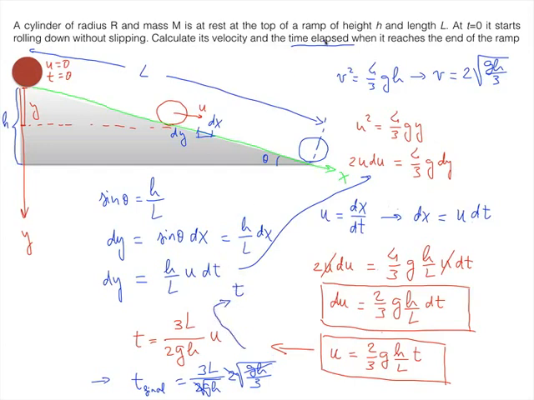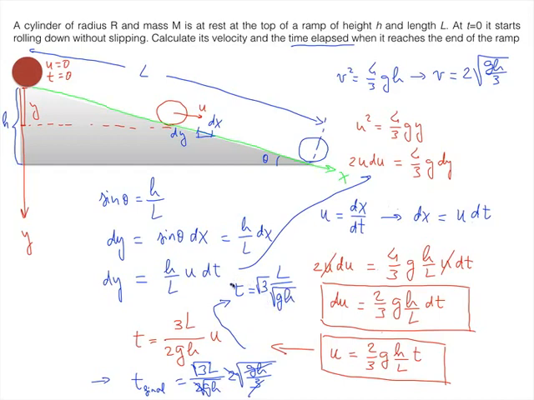Finally, we get that the time that the problem was asking for equals, well, I can even cancel this 3 factor here, so it is a little bit of a mess, but I will try to sort it out. This is equal to the square root of 3, and then we have L over the square root of g times h.